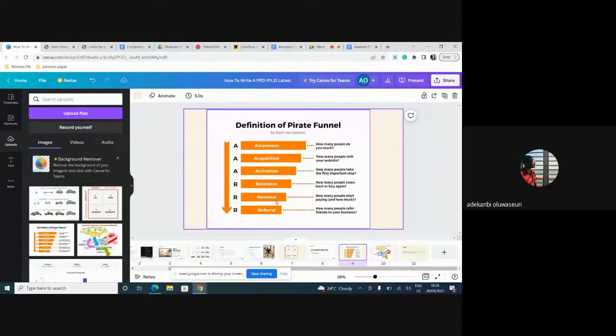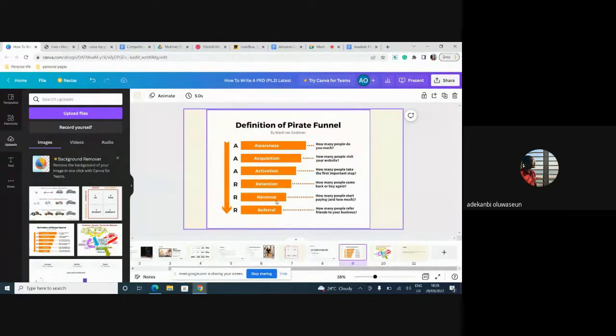So once you leave acquisition, you are moving to activation, right? So activation means the most important step in your product, how many people did that? I'll give an example. I gave you the food delivery business, right? Now, when people sign up on the food delivery product, I'll classify them as an acquisition.